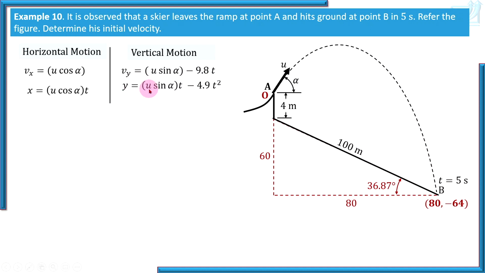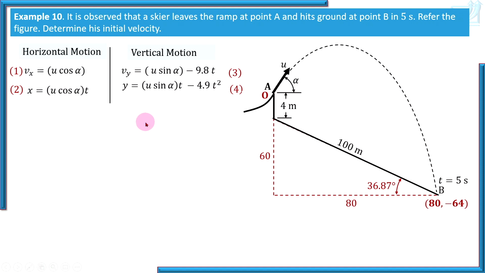And y is equal to V0 sin theta 0, in this case u sin alpha t, minus 4.9 t squared. So these are regular horizontal and vertical equations of motion. Of course here u and alpha both are unknown, but otherwise the value of g is known, so we have substituted and written these equations of motion.